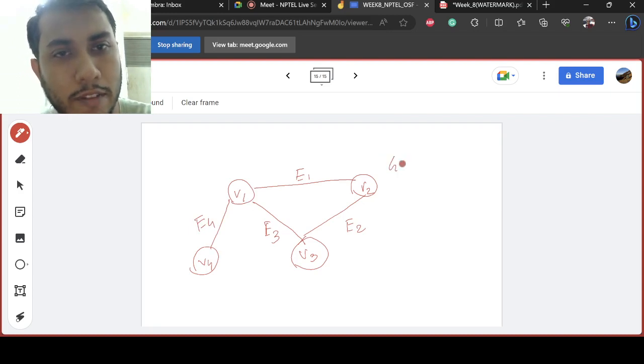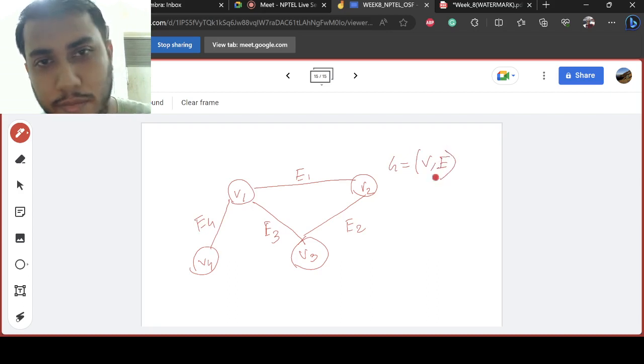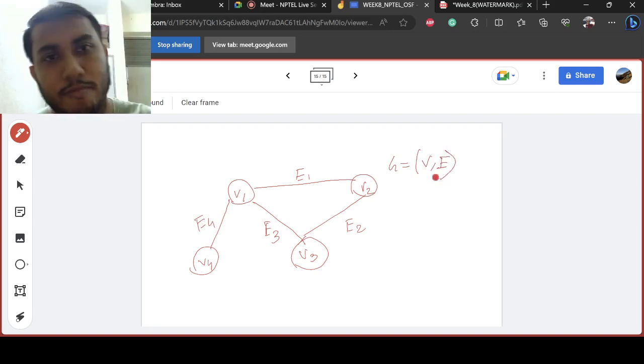So this is a graph G which consists of V and E.